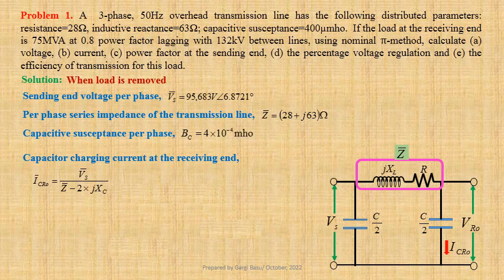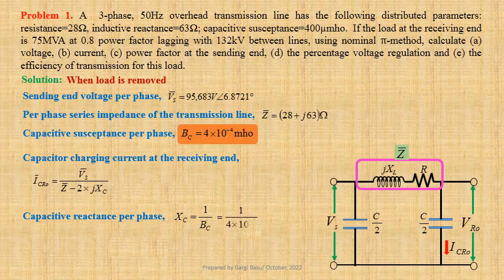Let us now calculate capacitive reactance per phase. Xc equals to 1 upon BC, that is equal to 1 upon 4 into 10 to the power minus 4, that gives us 2500 ohm. Now we shall calculate Z minus 2 times jXc.